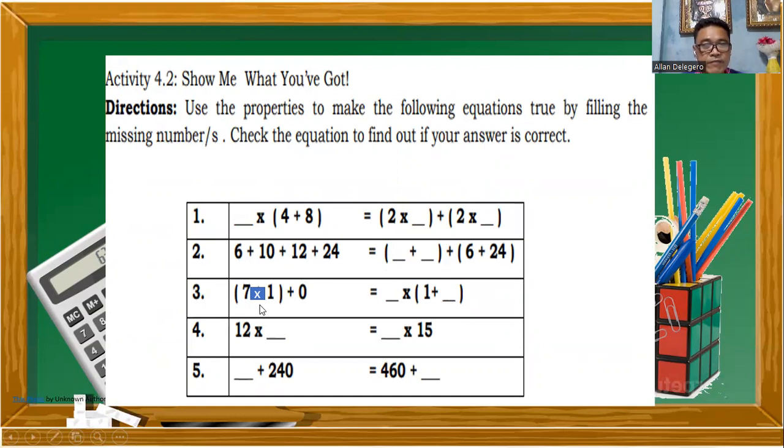Number 3, 7 times 1 plus 0 equals 7 blank times 1 plus blank. Number 4, 12 times blank equals blank times 15. Then for number 5, blank plus 240 equals 460 plus blank.